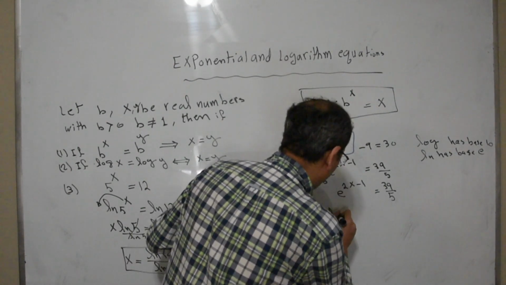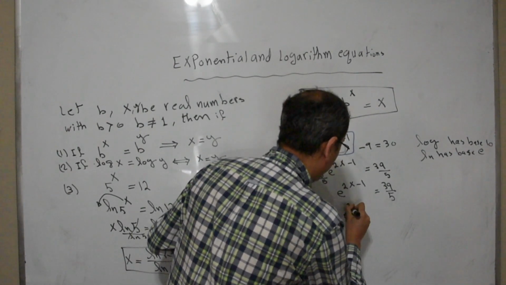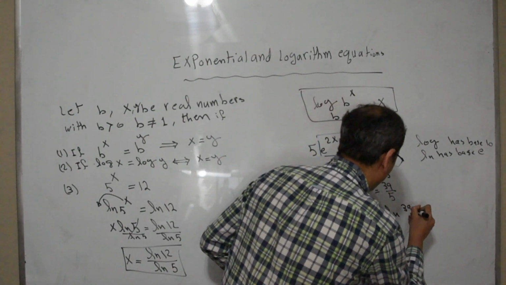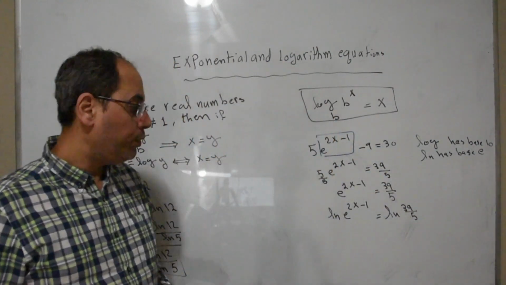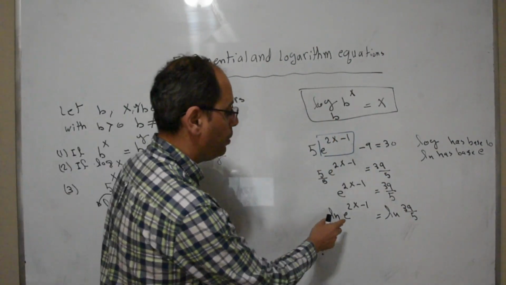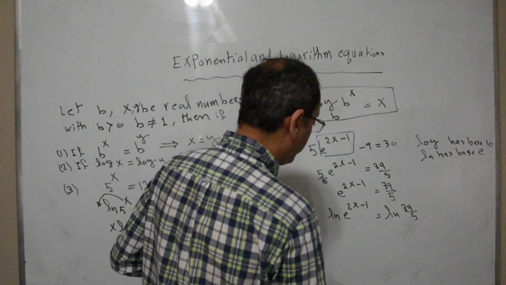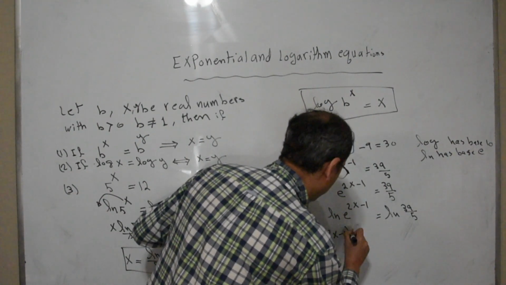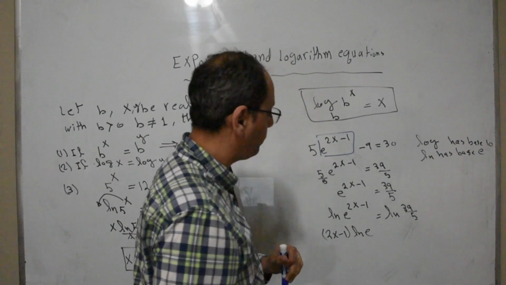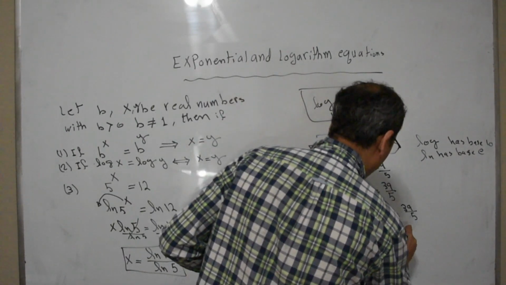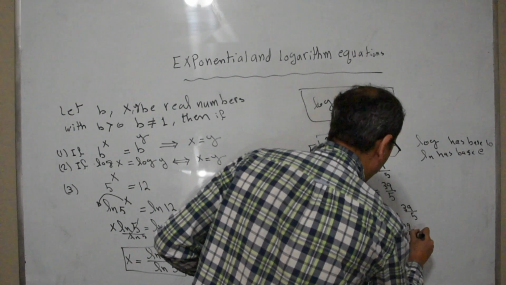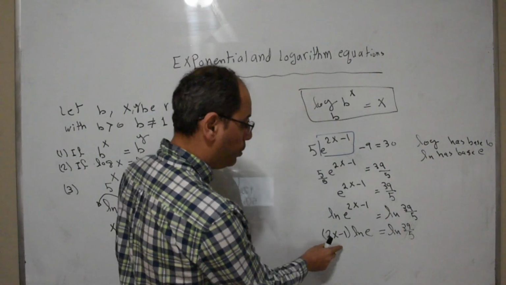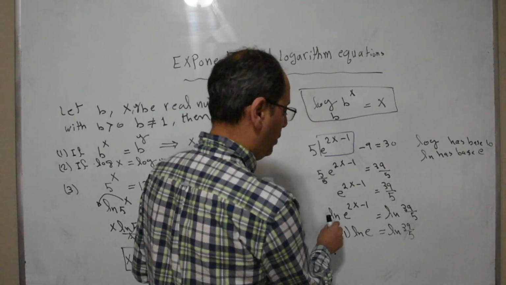Okay, so take the natural log of both sides: the natural log of e to the 2x minus 1 equals the natural log of 39 over 5. Okay, so far? Now I can use the power rule. Basically, without going to this step, what is the base here?